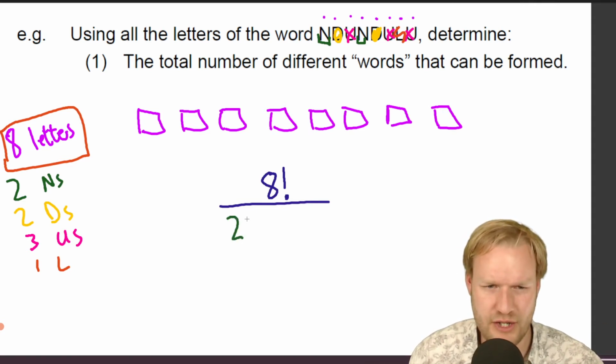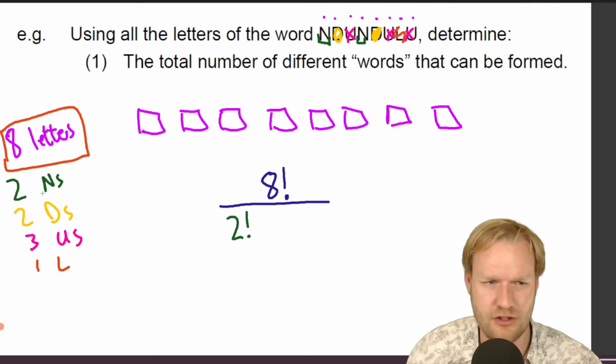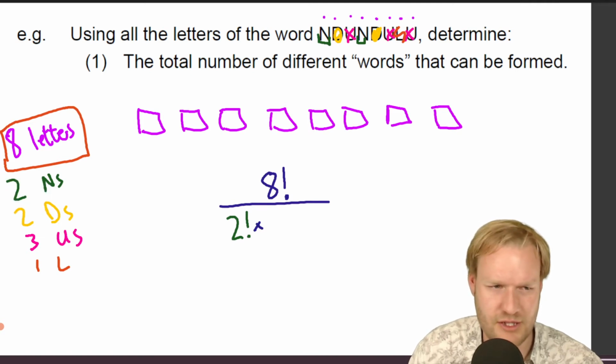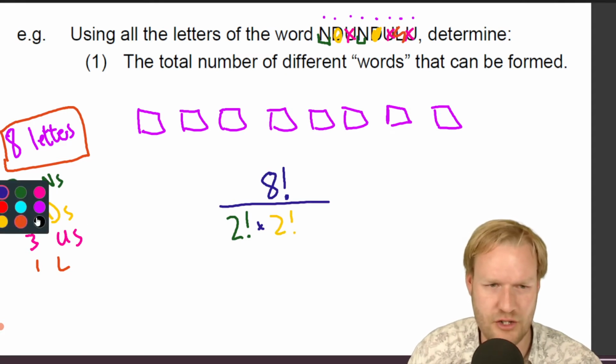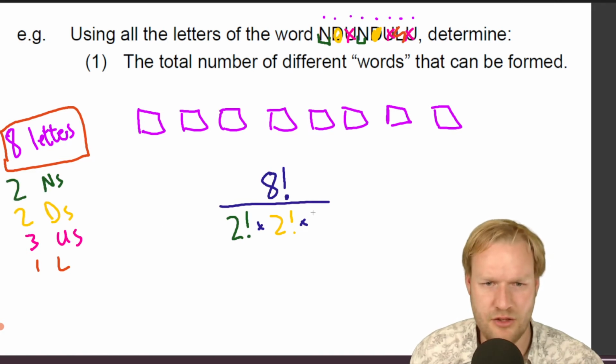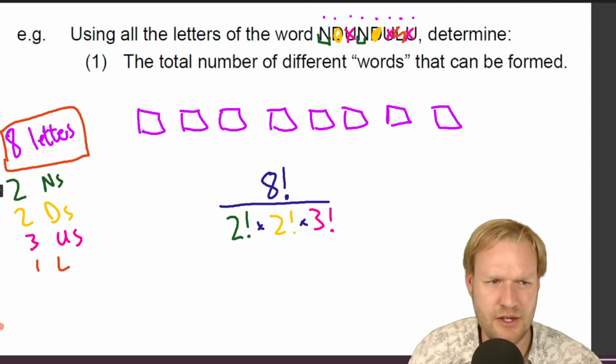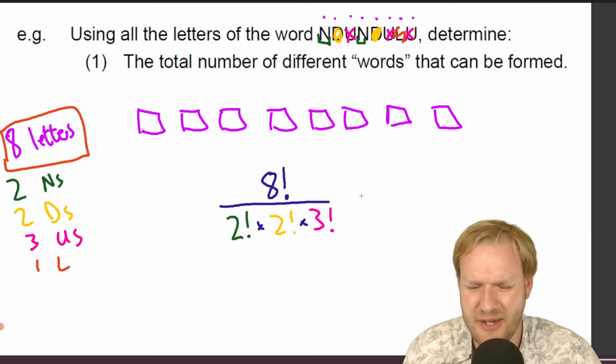So we've got 2 N's, so we've got 2 factorial. And I'm going to put the times signs in here. And we've got 2 D's, so we're going to have 2 factorial. And finally, we're going to multiply by these 3 U's, so 3 factorial. And remember, if you wanted to, times 1 factorial for this 1 L, doesn't really matter because 1 factorial is 1.